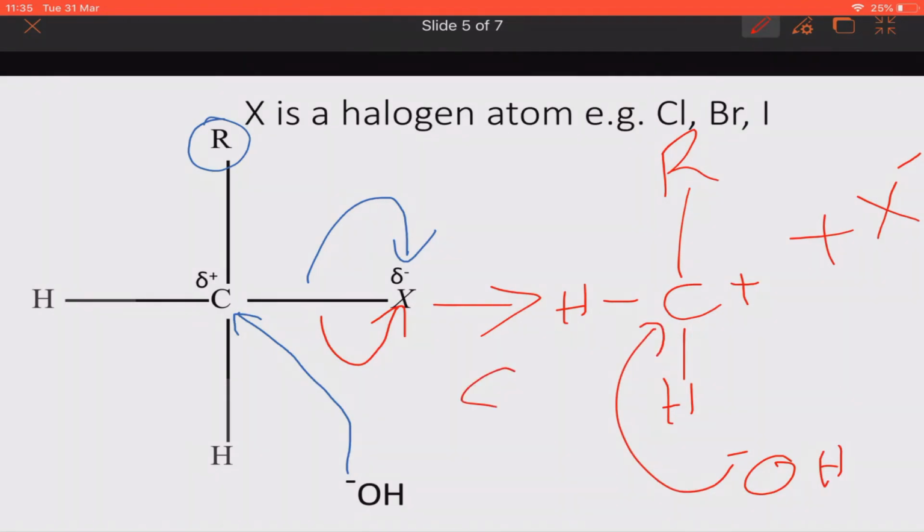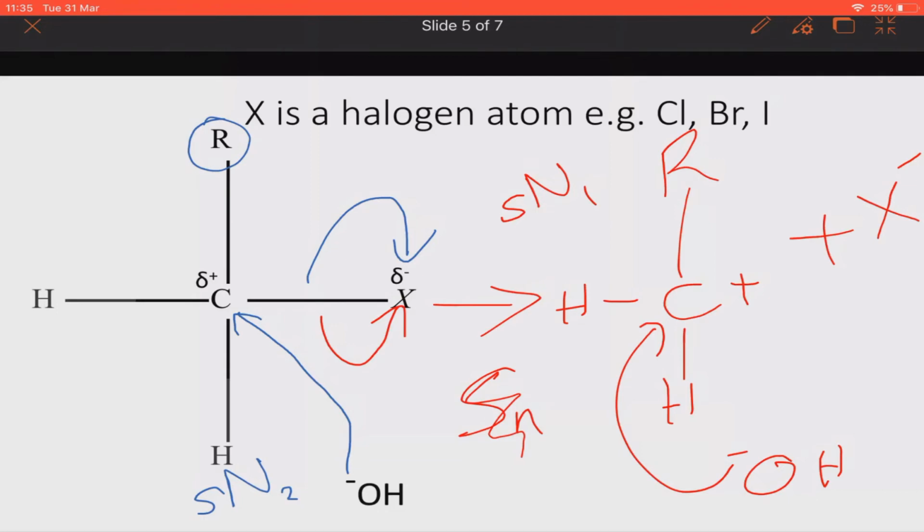What I've done in red is SN1. What we've got in blue is SN2. Fundamentally, you don't need to know that, you just need to know the blue mechanism. But if you're having a look online and you see other options, then that is our two options.